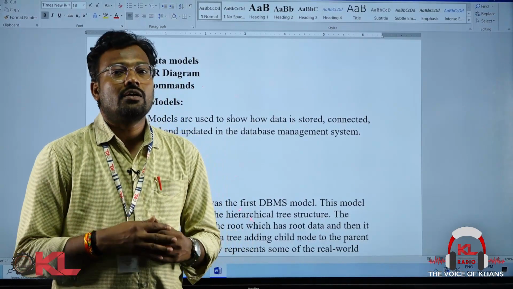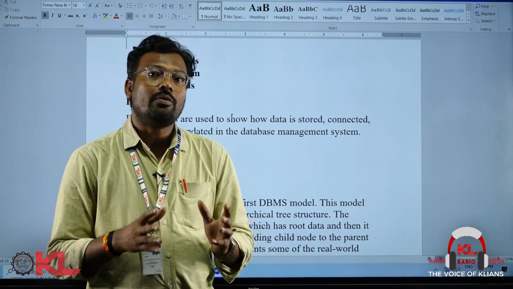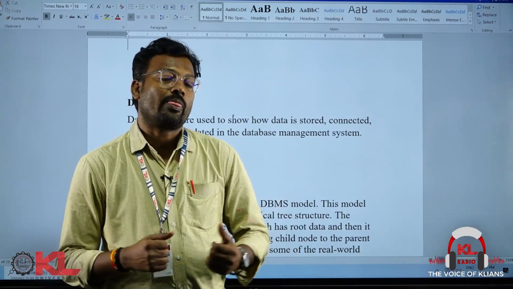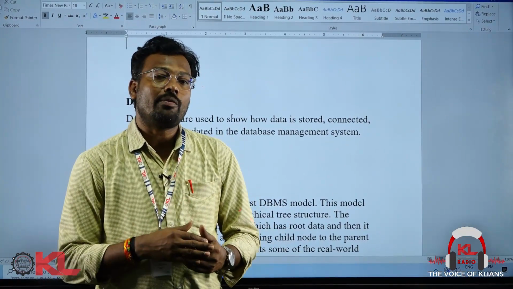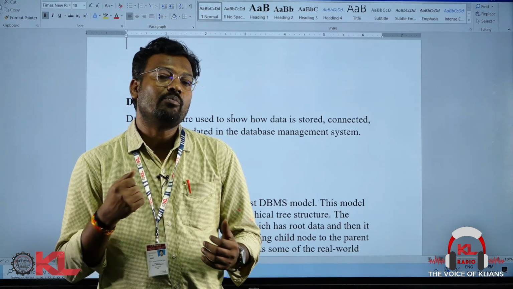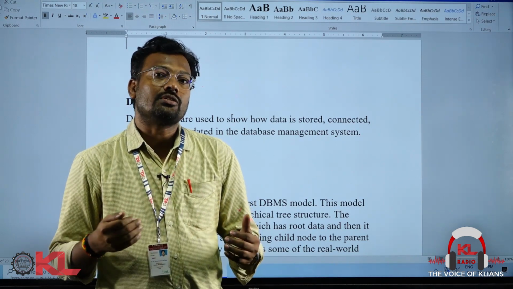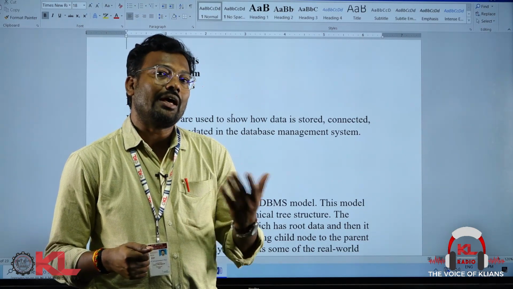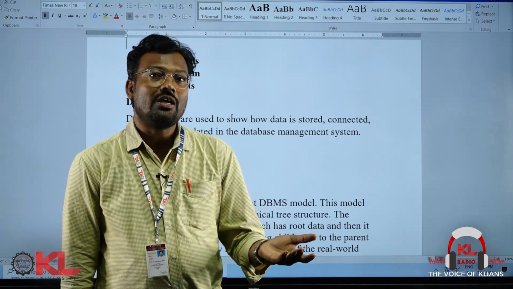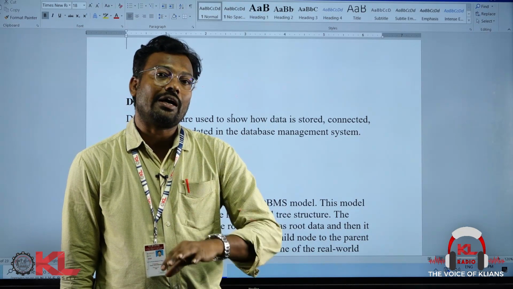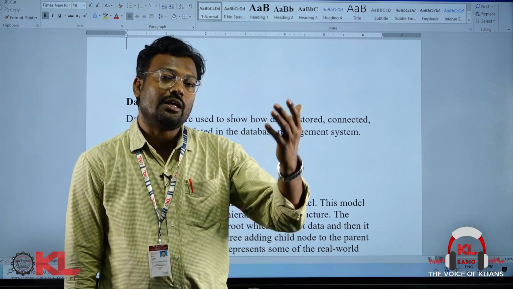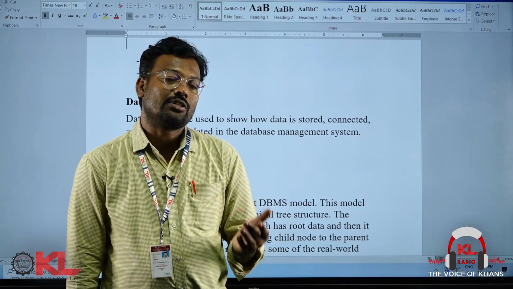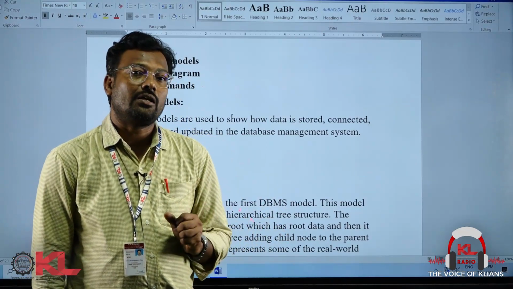There the information is stored in a parent-child form, which means it is organized like a tree. Accessing becomes very easy, and any stakeholder or end user can understand the flow easily through that tree-like structure. That is the hierarchical data model.